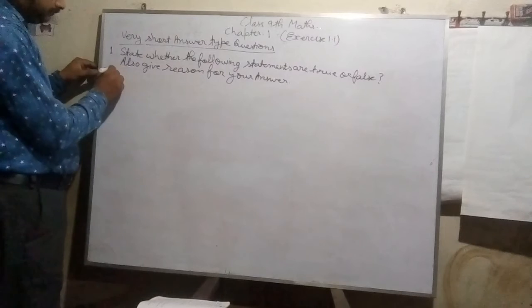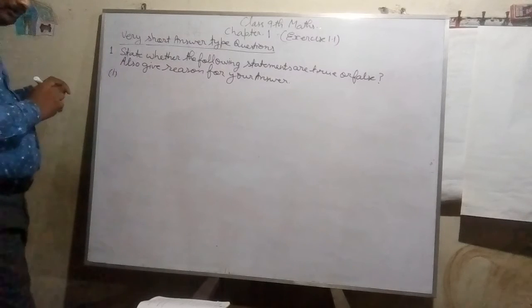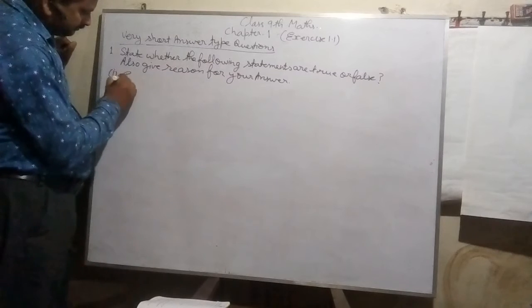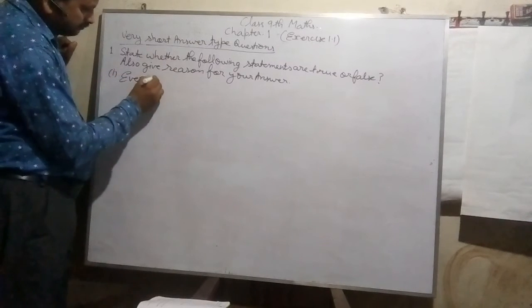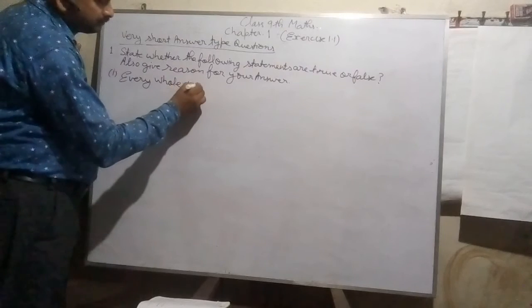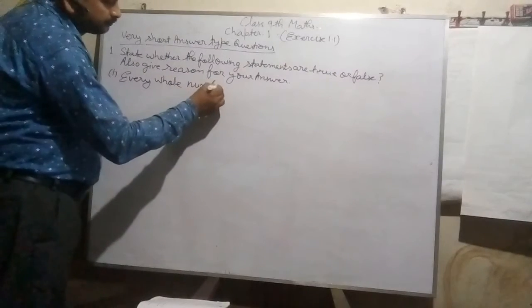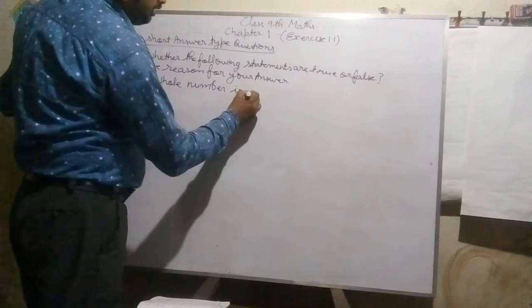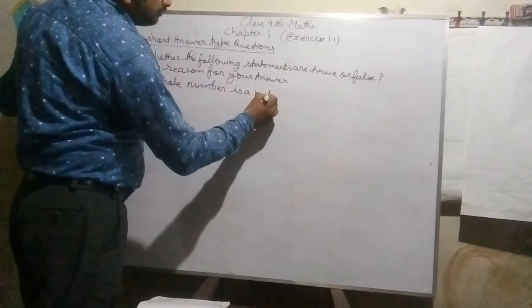First part: every whole number is a natural number.